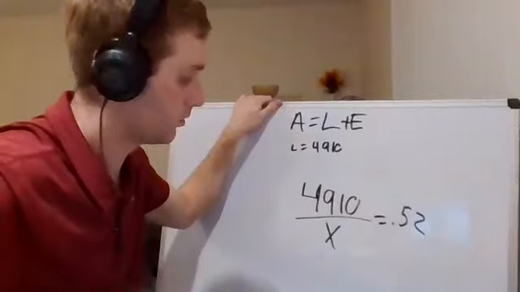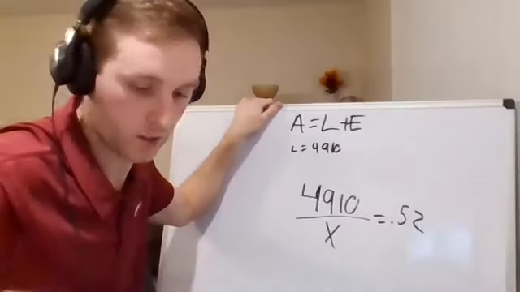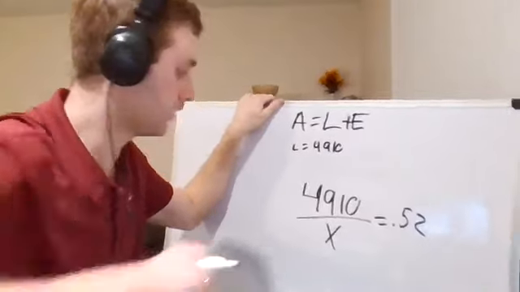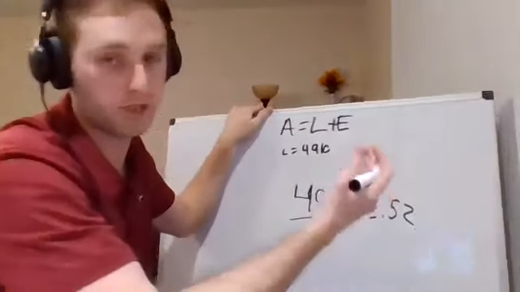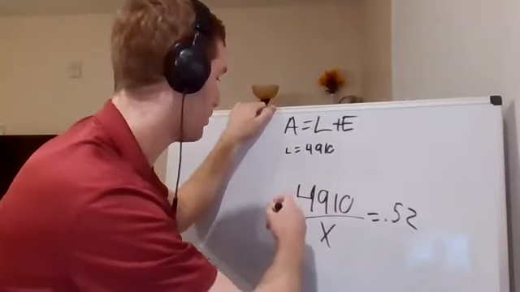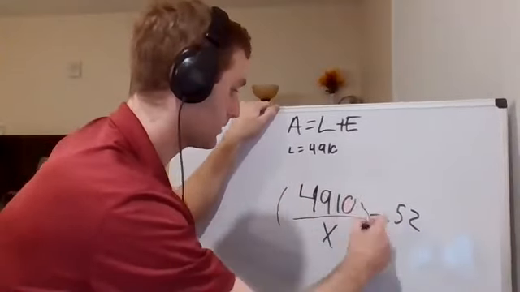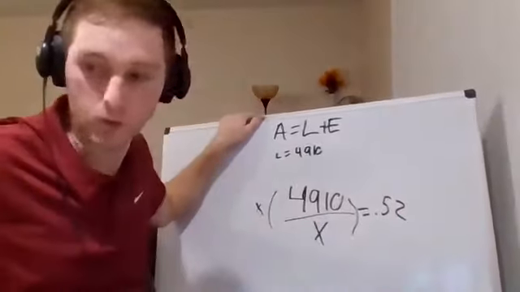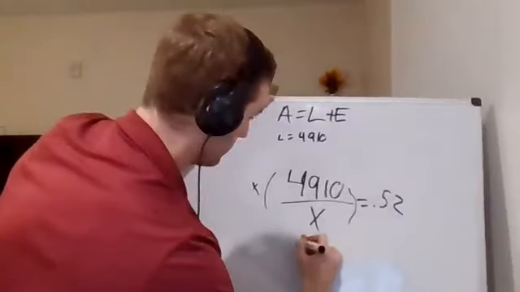So from here, we'll solve for X. Basic algebra, whatever you do to one side, you have to do to the other. We're trying to solve for X. So I'm going to multiply both sides by X.